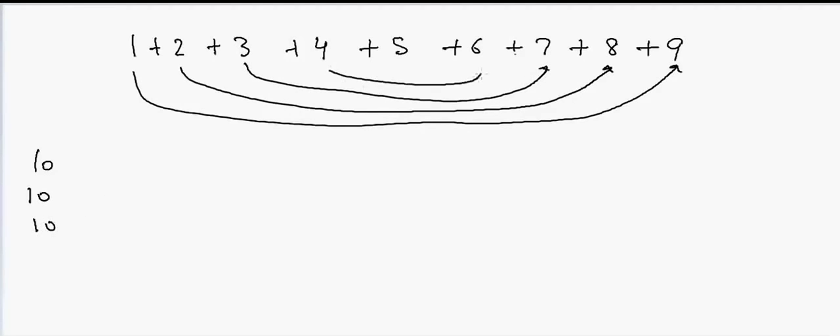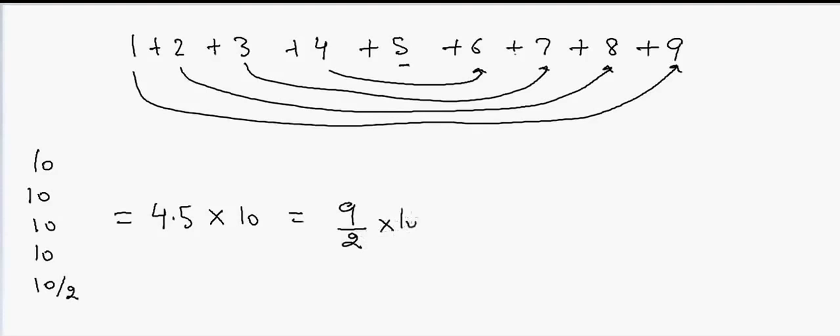Then we can add 4 and 6, so we get one more 10, and then we are left with a 5, which is half of a 10. So 10 divided by 2, you can say. So in total we have 4 tens and half of a 10, so that's 4.5 into 10. Again, if we look here, that will be equal to 9 divided by 2 into 10.